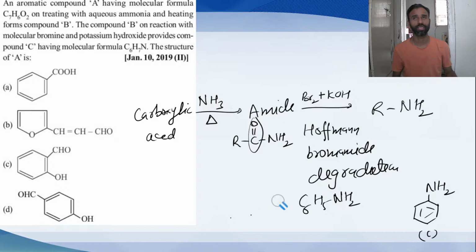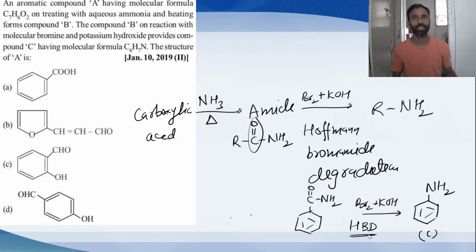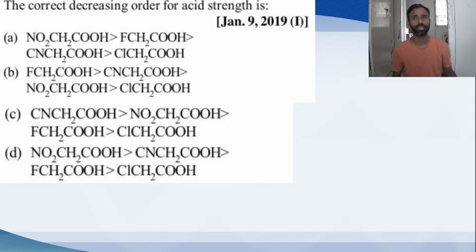So as C is aniline, obviously B is benzamide, because on Hofmann bromamide degradation, HBD, CO is removed, and then on treatment with ammonia on heating, carboxylic acid will give this product. So that is, A is the right option.